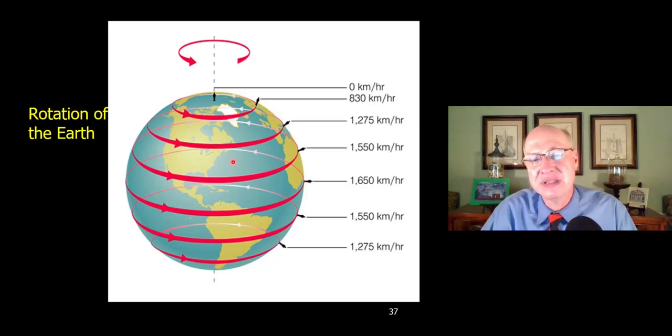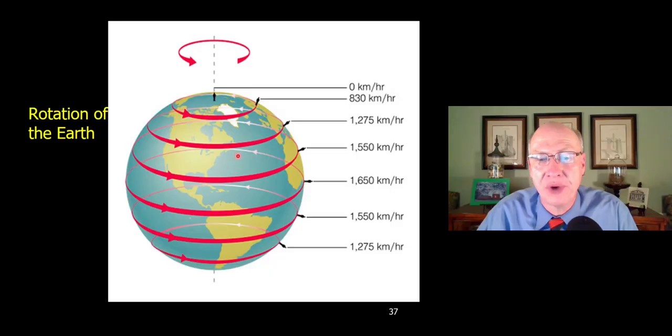So what happens on Earth with a low pressure system here in the northern hemisphere? Let's imagine a low pressure system. A low pressure system is pulling gas into it. As gas gets pulled into that low pressure system from the south, this gas is moving too fast, and so it ends up curving off to the east. On the other hand, gas from the north that gets pulled into the low pressure system, well, the low pressure system is moving faster than that gas is, so that gas gets left behind.